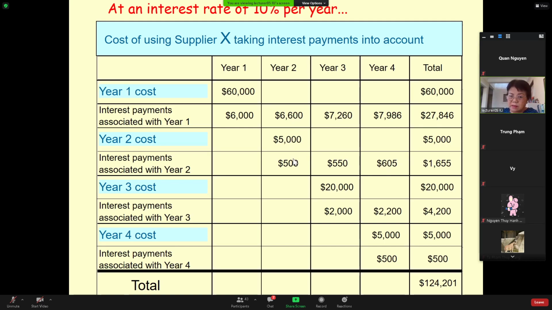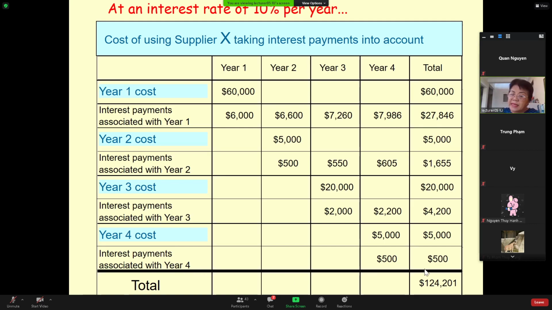Mostly it's the remaining interest payment. And this shows you how much you are going to pay in interest in year 3 and in year 4. So in total, if you consider buying from supplier X, you have to pay the purchase cost at the very beginning, and you pay the interest in year 1, year 2, year 3, year 4.